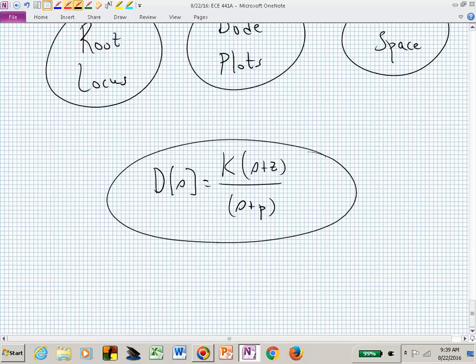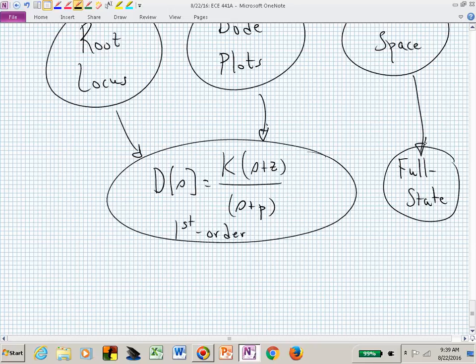That's a first order. And we'll do that using Bode plots. We'll design first order controllers. We may, in the state space, do full state feedback design, and that's a little different beast. So it gets its own circle in this concept map.